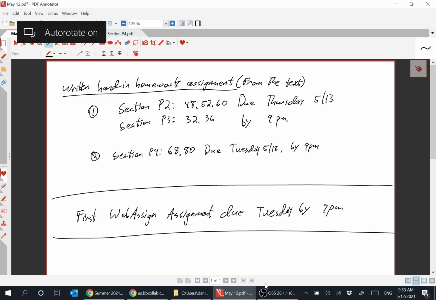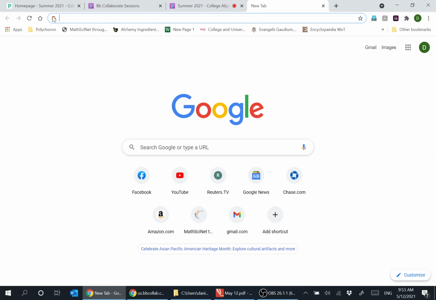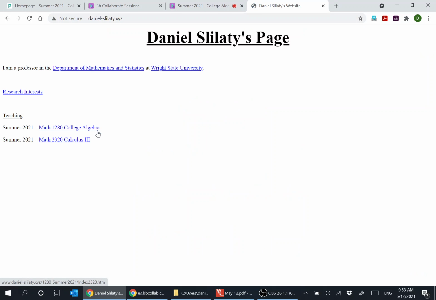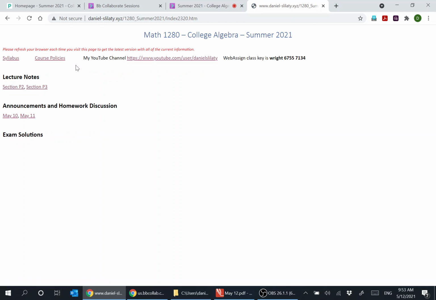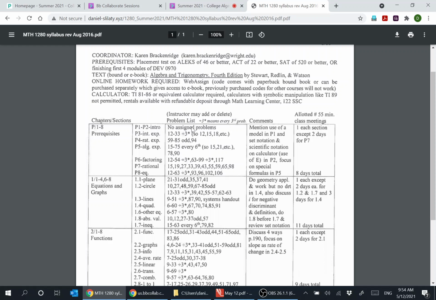So let's take a look at a few problems in section P3. If you look on the syllabus, again, we have three types of assignments: the web assignments, the written homework assignments, and just these practice problems.